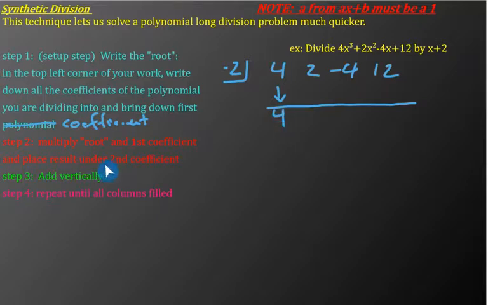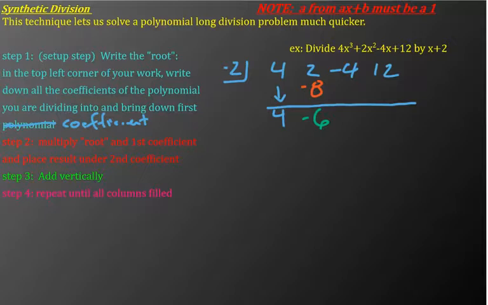And we're going to place that result under the second coefficient. So I literally just do -2 times 4, and I put that right there. So the red step is literally just that red -8. Then, green step, we're going to add vertically. So I add these vertically, and I would get -6.